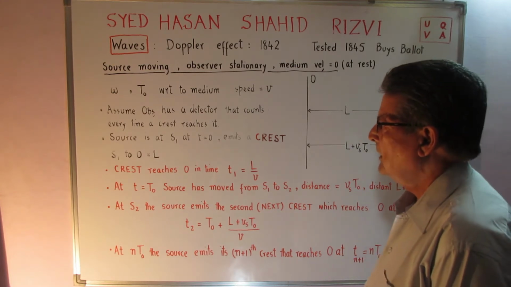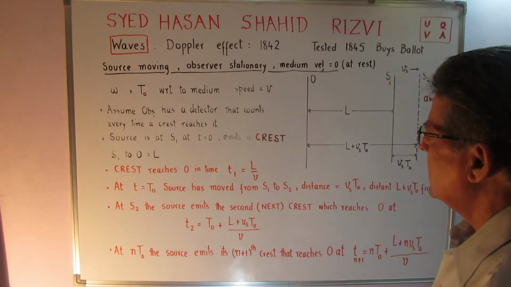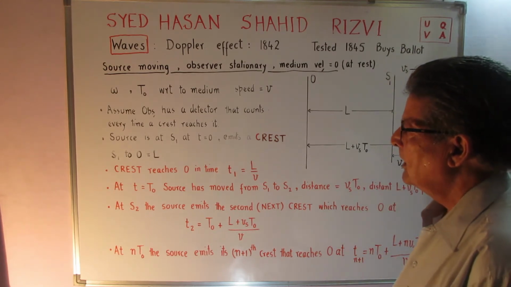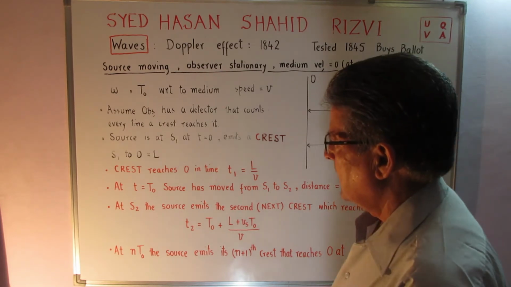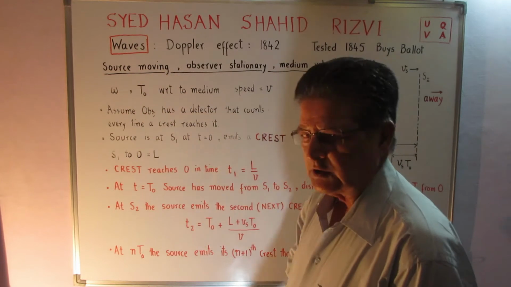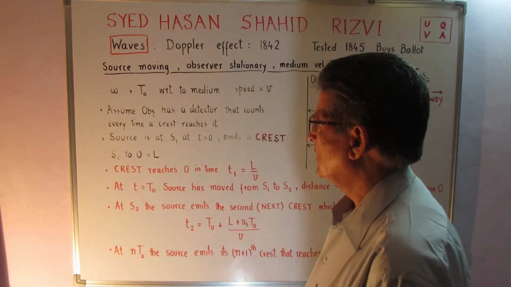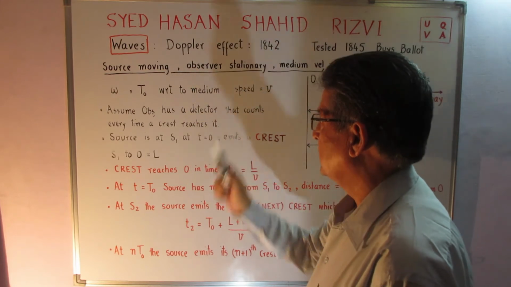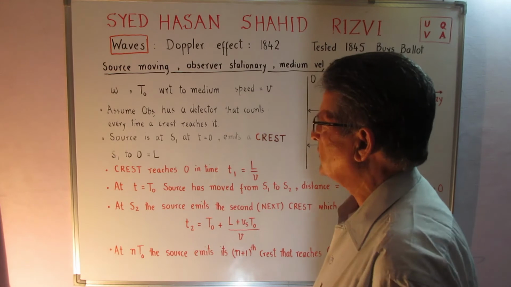Now, let us have the source emitting a wave having an angular frequency omega and a time period T naught with respect to the medium, with a speed equal to v meters per second.